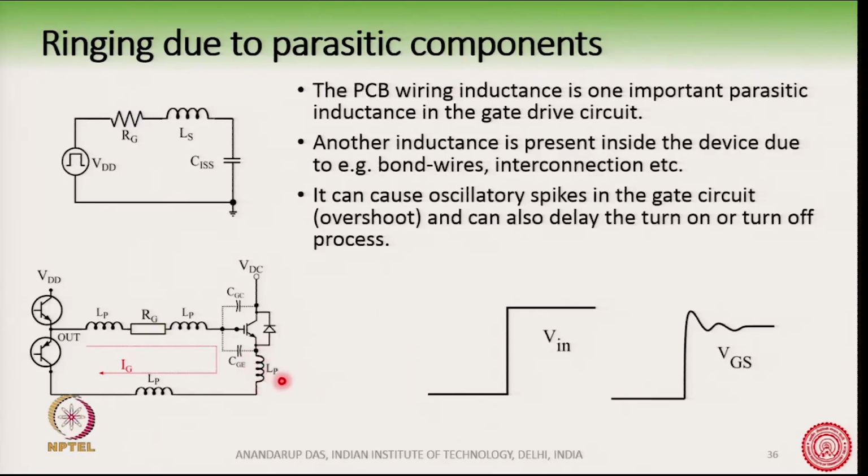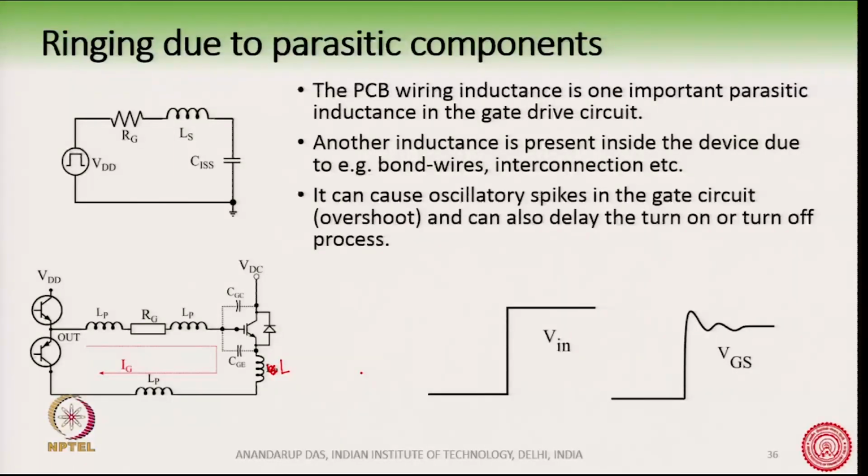There is a mistake here, it should not be LP, we should give it some other name, say some other L. This inductance is actually a part of the device, because inside the device there is a bond wire and there are interconnections, and so there will be an inductance inside also, and this will contribute to the total inductance in the circuit.